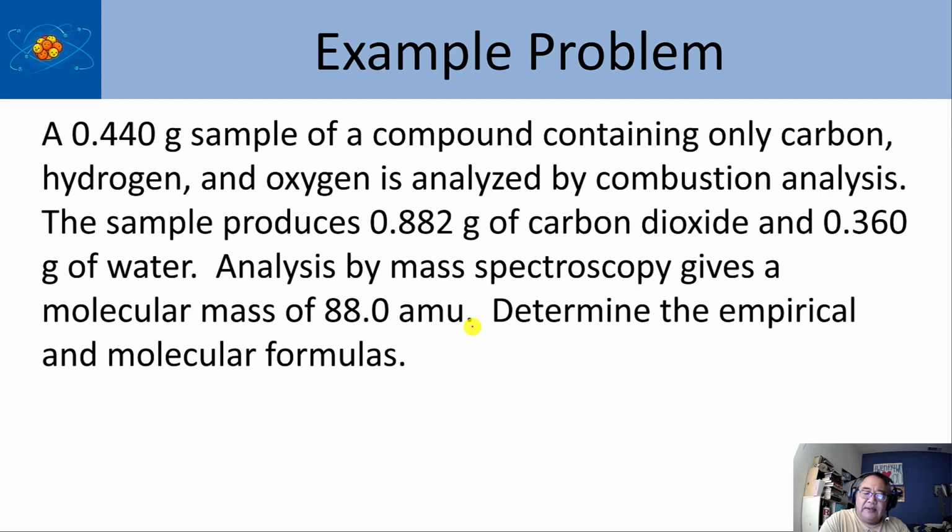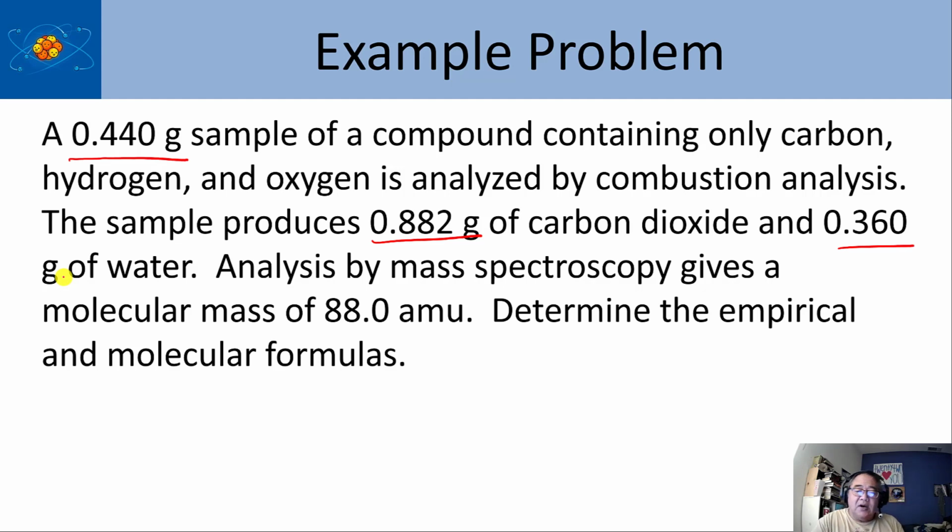Now, two things, right? There's only really 4 bits of data in here. There's the mass of the sample. We'll need that later, right? We'll need the mass of carbon dioxide right away because that'll give us the mass of carbon. And we need the mass of water right away because that'll give us the mass of hydrogen.